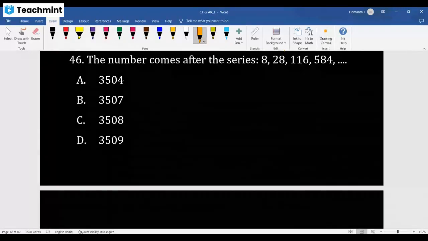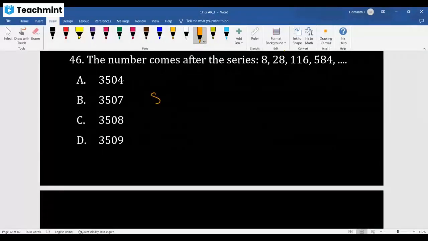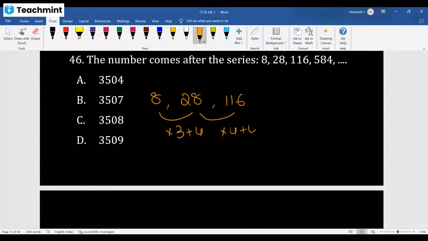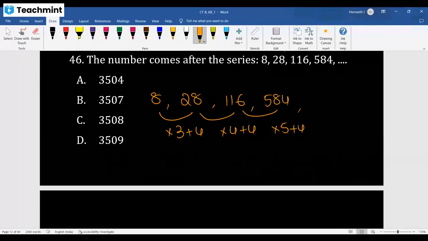8, 28, 116, 584. You can see it's like multiplication only. Fast increasing, it becomes 3000 something, right? So 8 and 28: multiplied by 3 plus 4, multiplied by 4 is 112 plus 4, multiplied by 5 is 580 plus 4, multiplied by 6 plus 4.